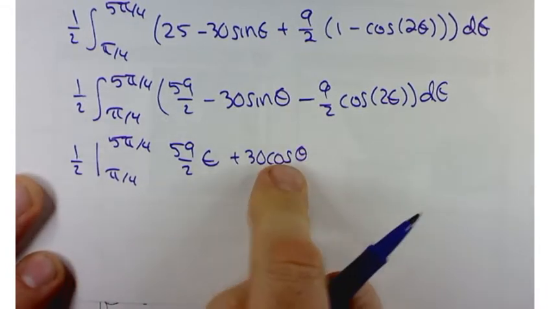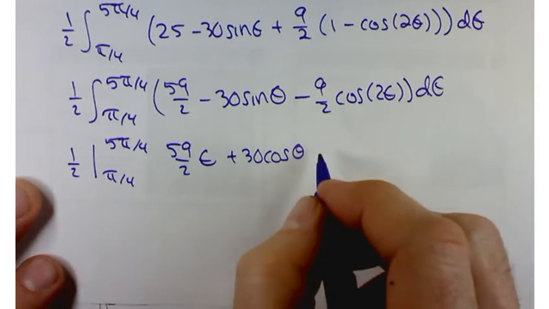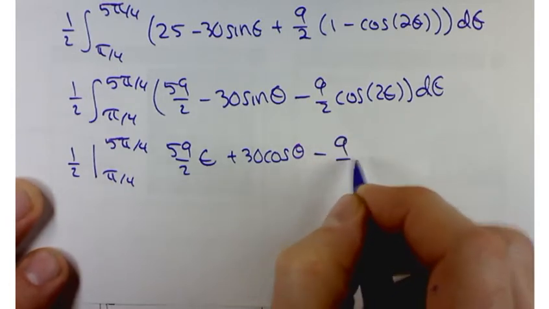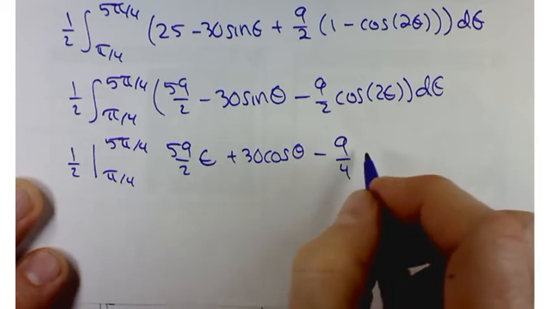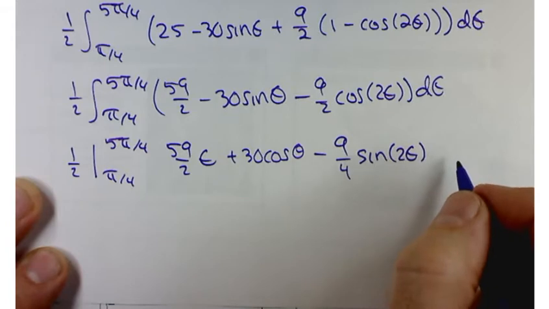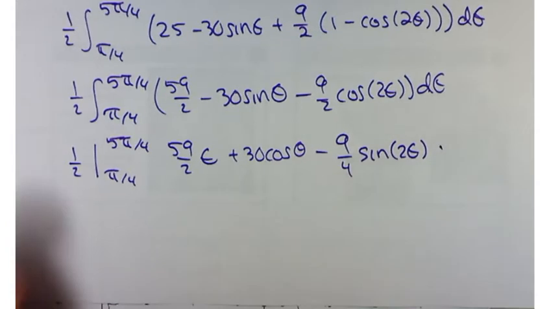The derivative of cosine is negative sine. Minus 9 over 4 times the sine of 2 theta. We don't need d theta anymore. I think we're pretty good there.